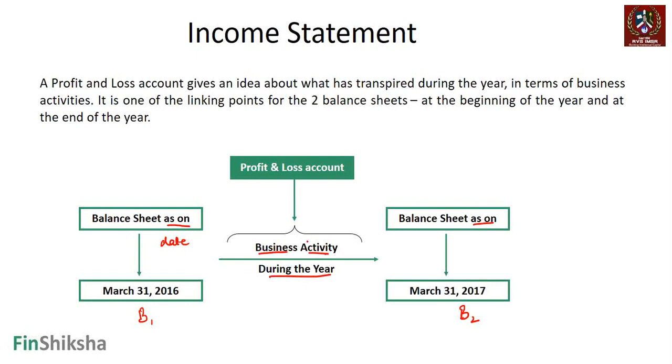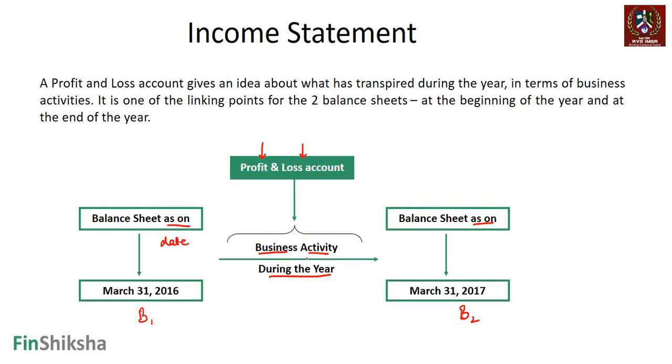What is the remuneration because of this entire business activity? What money do you make and what money do you lose in this process is accounted in the profit and loss account statement, right? So essentially you will book whatever sales you have done, you will book whatever costs you have taken, and then try and find out whether there was a profit that was made.